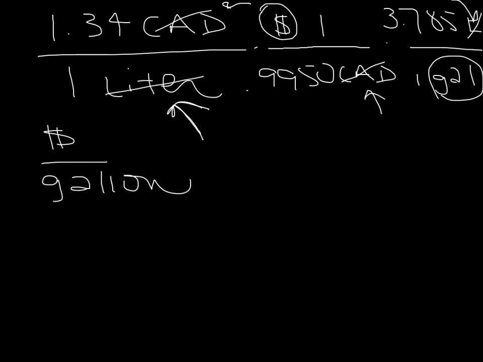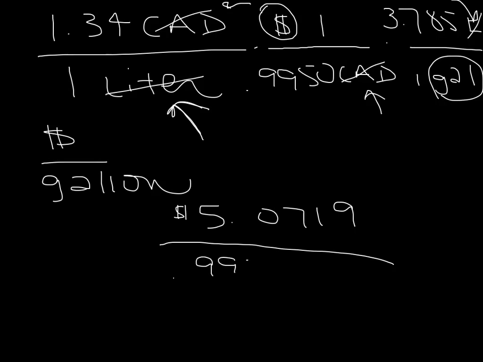So 1.34 times 3.785 is equal to 5.0719 on the top, and we have dollars left on the top. Let's see, what do we have on the bottom? 1 times 0.9950 times 1. So we have 0.9950 and the abbreviation for gallon on the bottom.